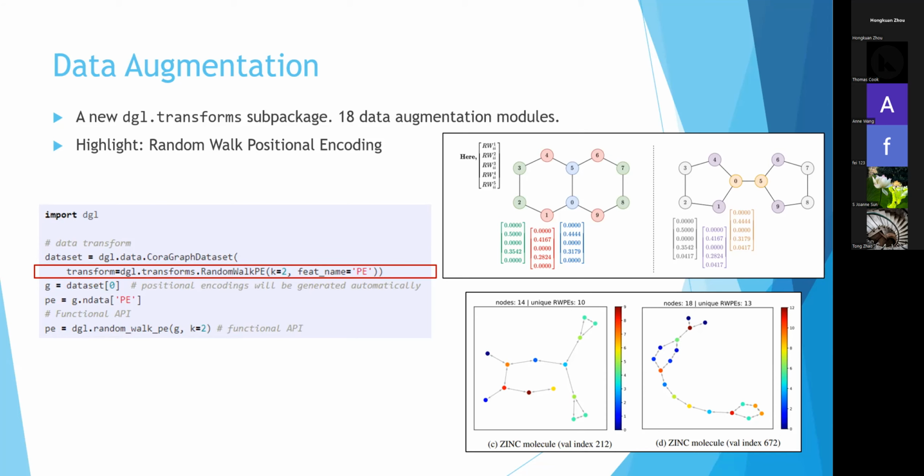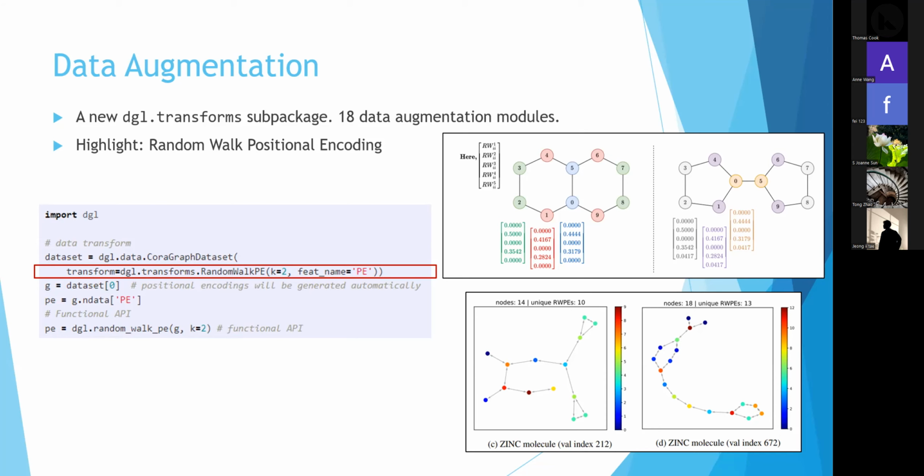The paper said that if you are using the message passing framework, it has a theoretical capability upper bound. So it cannot, for example, figure out some of the isomorphism of the graph. It cannot distinguish them. So there are a bunch of new papers saying, how can I add some data or augment some data to increase the expressive power of a graph neural network?